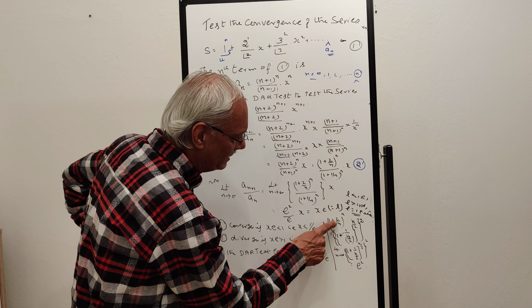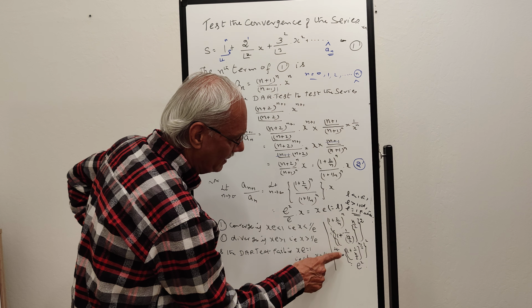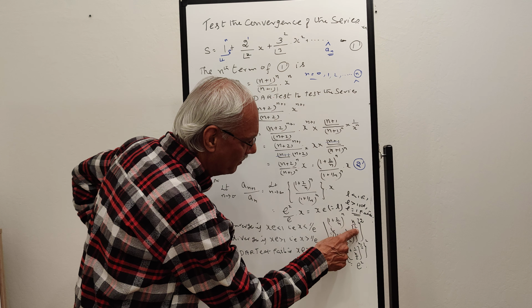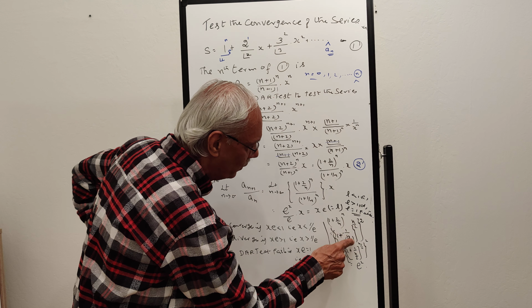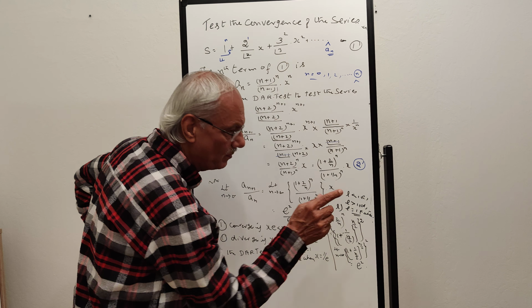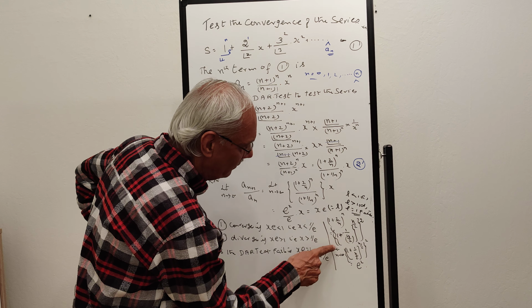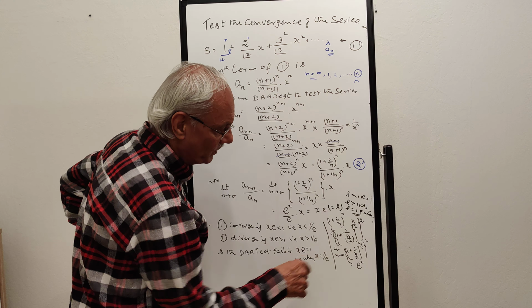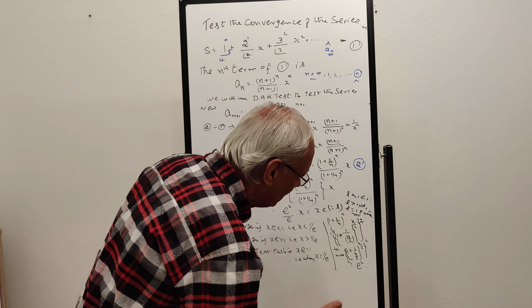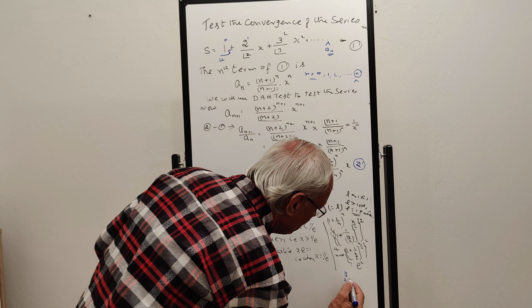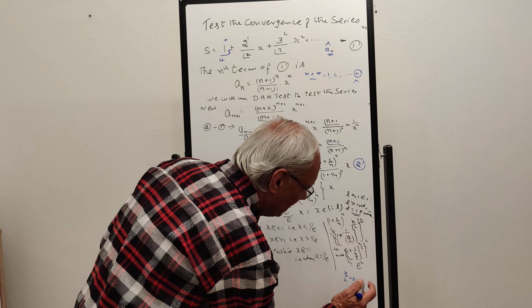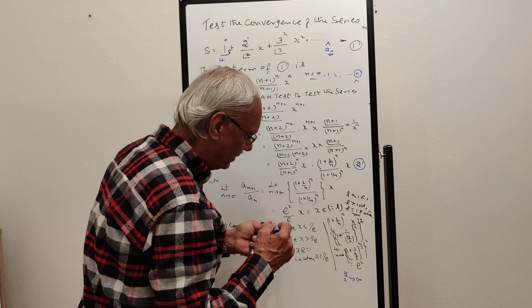I am rewriting as it is. That is (1 plus 2 by n) whole to the power of n, which is equal to (1 plus 1 by n by 2) to the power of n by 2 into 2, because 2 and 2 will go off, giving you the same thing. Now when you allow this n to tend to infinity, n by 2 will also tend to infinity.